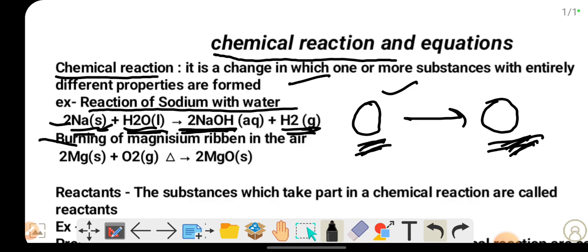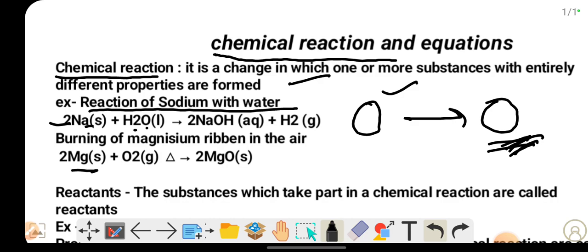The next chemical reaction is the burning of magnesium ribbon. This reaction is also given in your textbook. A question often asked is, why do we rub the magnesium ribbon before burning?